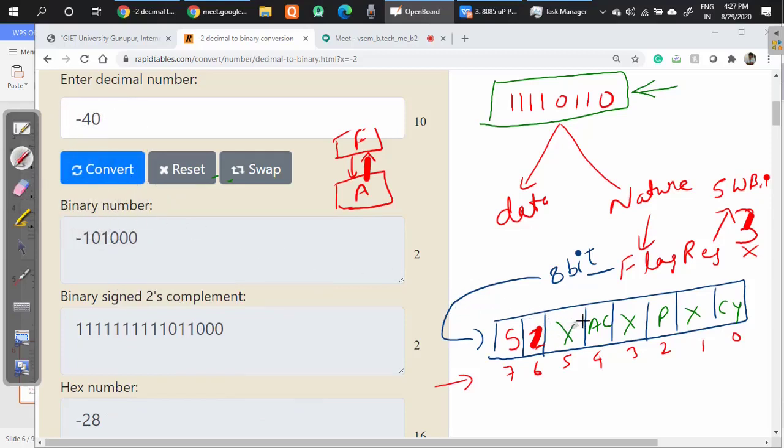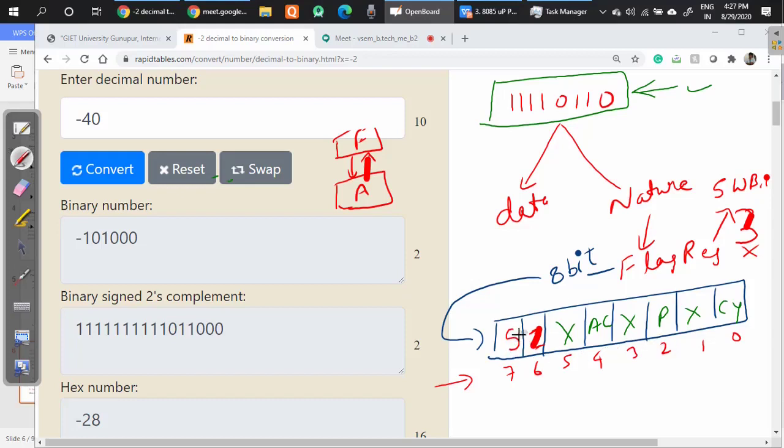Means they will be affected. Whenever any result is generated, either one flag, two flags, three flags, or all 5 flags, depending upon the result, are affected. Keep that in mind. And they are affected automatically.